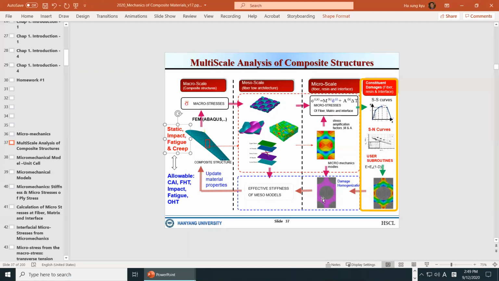So once we have a degraded material property, we can derive another material property using the micromechanics, and then we can update the material property of the composites. So this is the big picture of multi-scale analysis of composite structures.